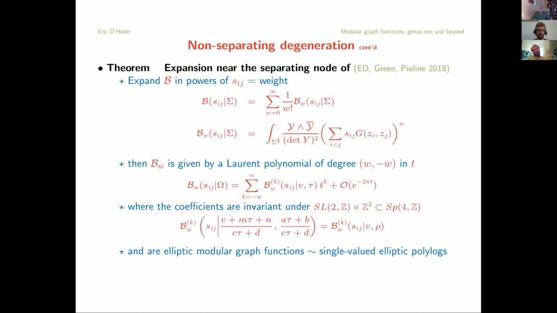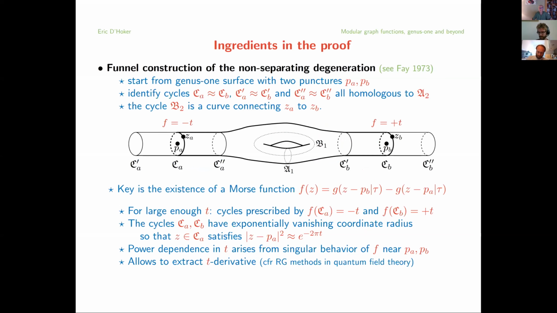And the coefficients are, in fact, elliptic modular graph functions or single-valued elliptic polylogs. So that gives you a nice way of descending from higher genus to lower genus. In fact, this can be done not just from genus 2 to genus 1, but from genus h to genus h minus 1. Well, I don't have the time to give you the ingredients of the proof, but it can be proven with the help of a Morse function.